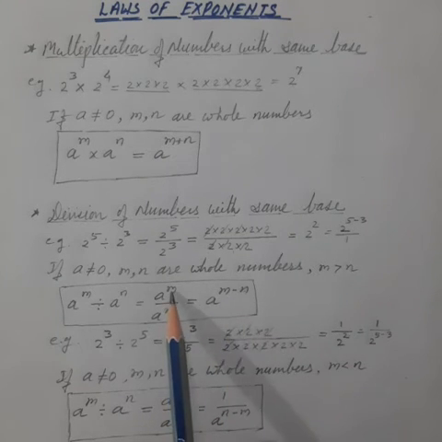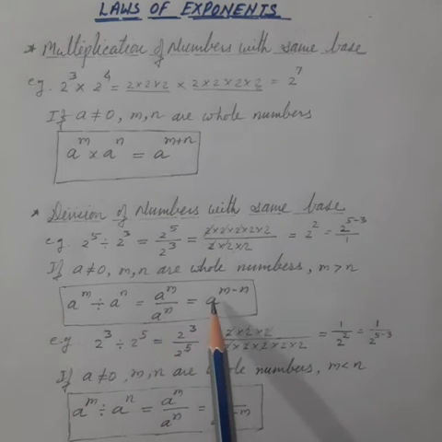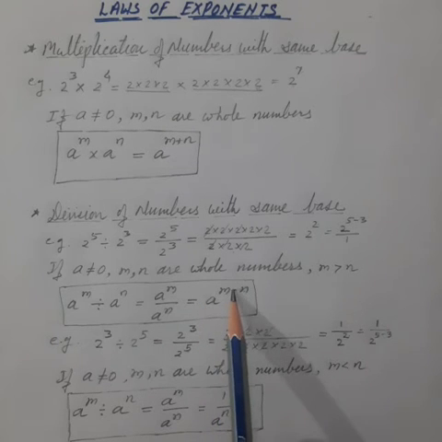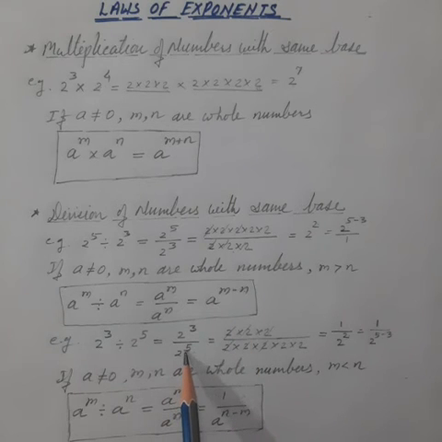If the power in numerator is greater than the power in denominator, keeping base same in numerator, find out the difference of powers in numerator. And if the power in denominator is greater than the power in numerator, keeping the base same in denominator, find out the difference of powers in denominator.